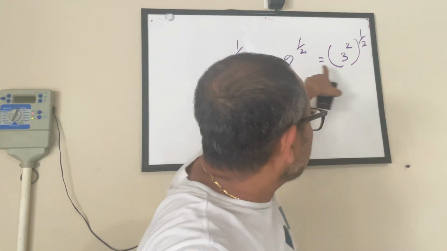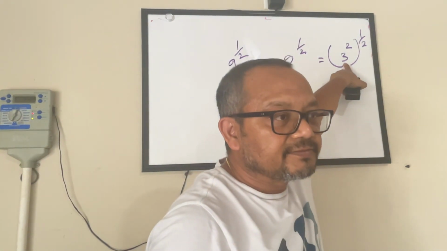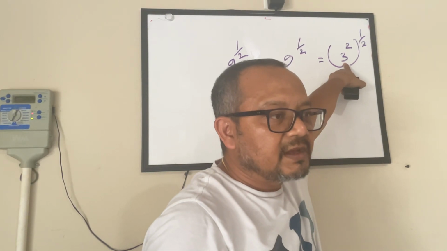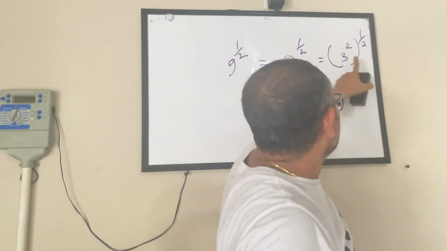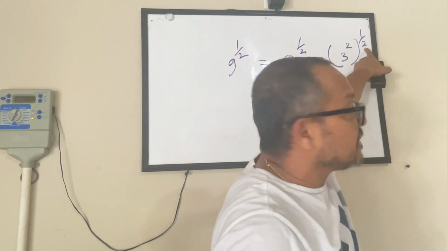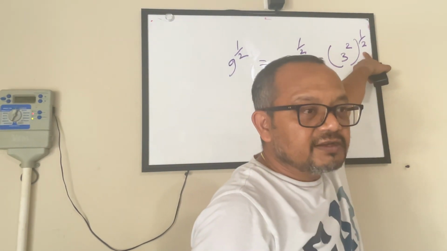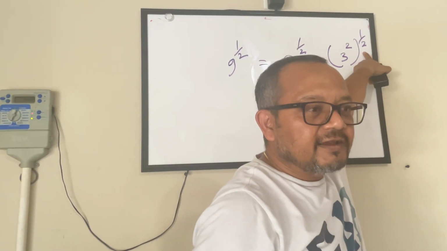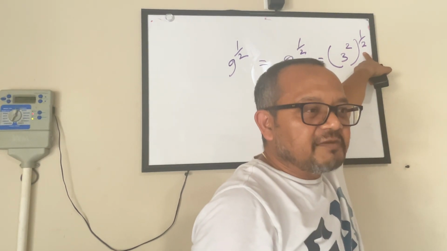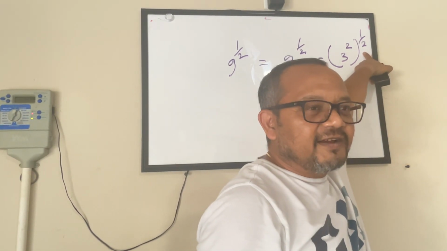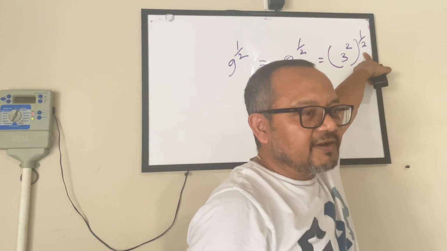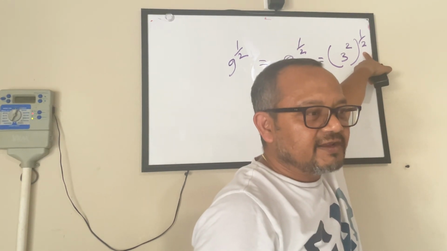I wrote 9 as square of 3. I put that inside the bracket, and then whatever power I have, I put it here. Is this okay? Everybody? Vaibhav, Atharv, Isha, everybody? Yeah?